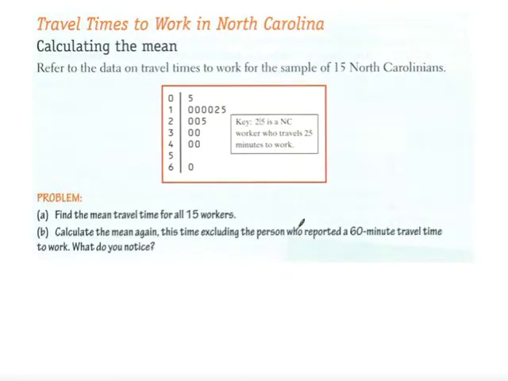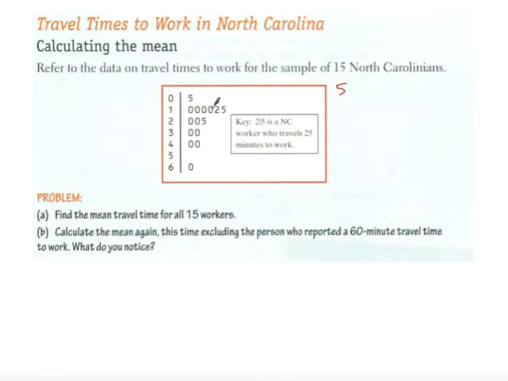So, an example for calculating mean. It says to refer to the data on travel times to work for the sample of 15 North Carolinians, and this gives you a stem plot. Remember that the left would be our stems and these would all be our leaves. We can write down each piece of data. The first one has a 5-minute travel to work.